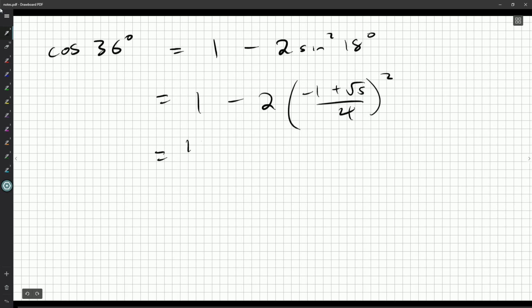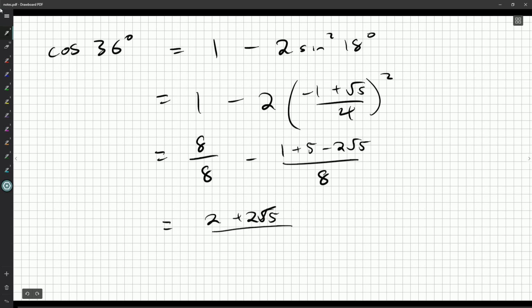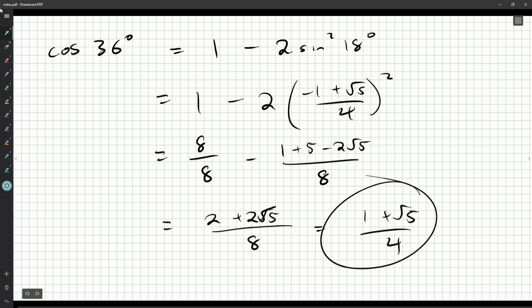So we'll get 16, well actually it'll just need to be 8. 8 over 8 minus, this will be over 8. 1 plus 5 minus 2 root 5. So we get 2 plus 2 root 5, and he's back at it again. All over 8, let's say 1 plus root 5, all over 4. So that goes on the bottom there.